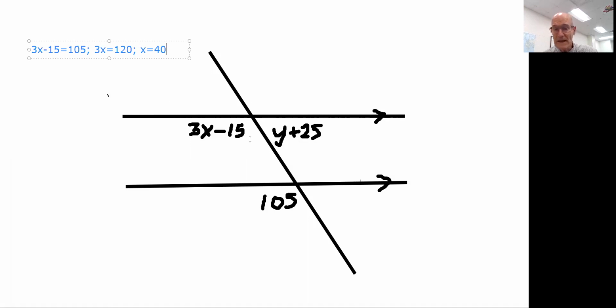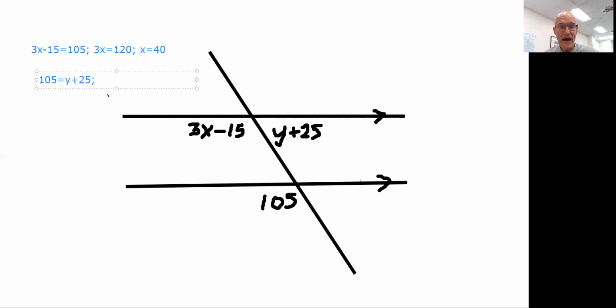Now, once I get x equals 40, I've found that. Since I know that 3x minus 15 is equal to 105, I can also replace 3x minus 15 with 105. So I can come up here and say that 105 is equal to y plus 25.